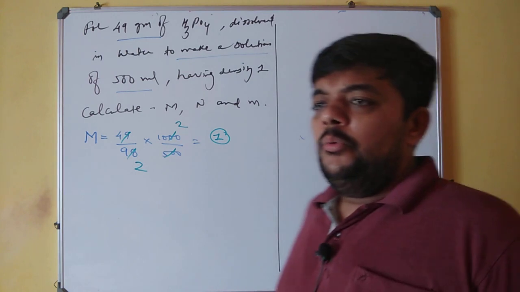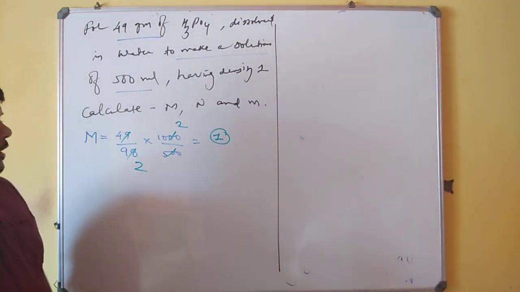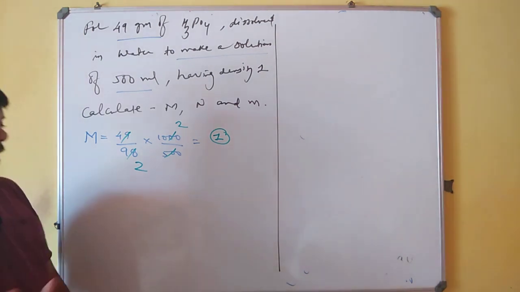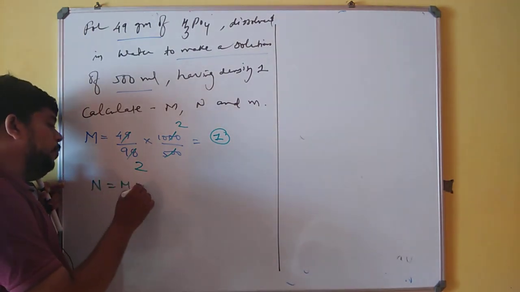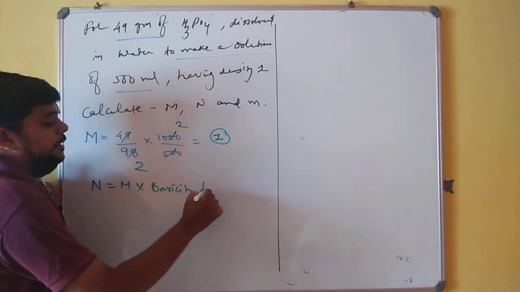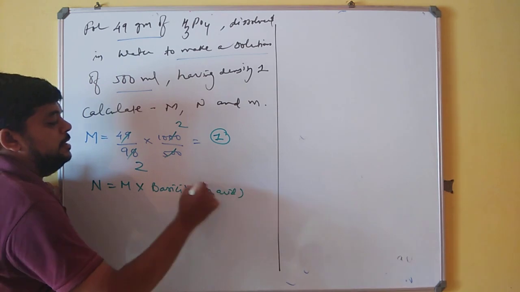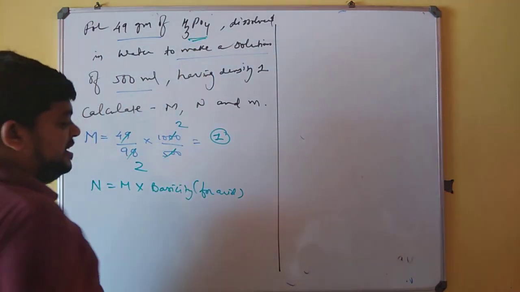Just now we had an equation that if we have molarity and we are trying to encounter normality, what happens? Normality is equal to molarity into basicity for acids. So first of all check, yes, I am having an acid, so I'll have to go for basicity.